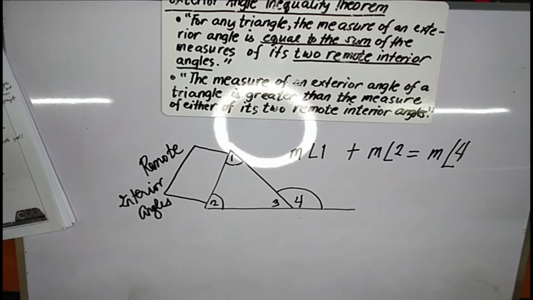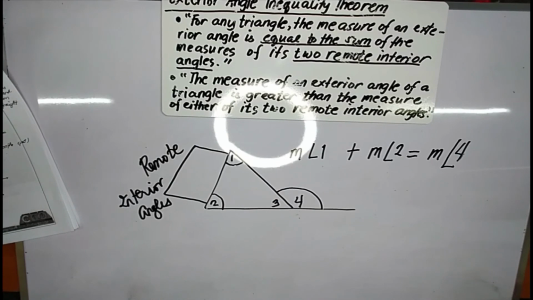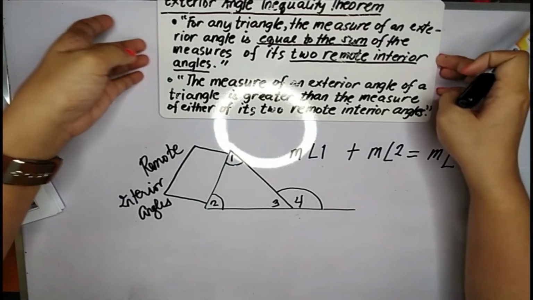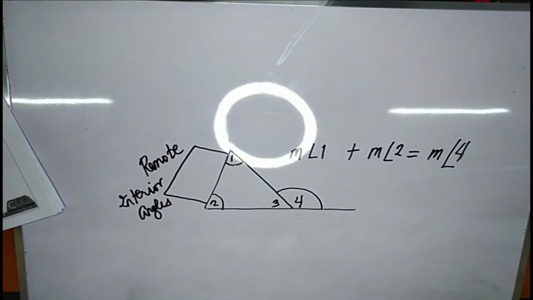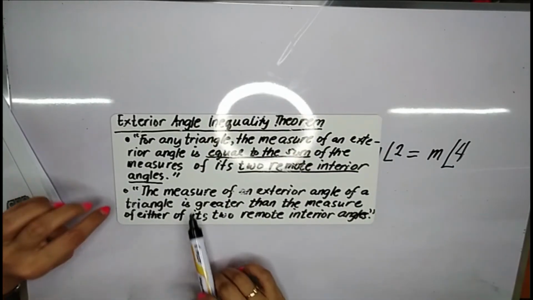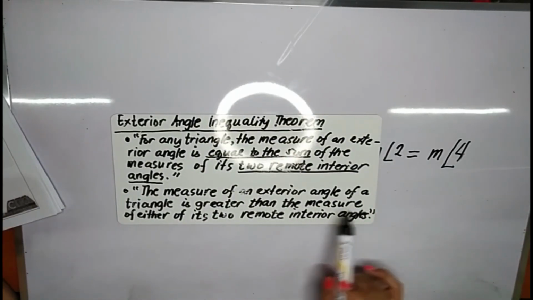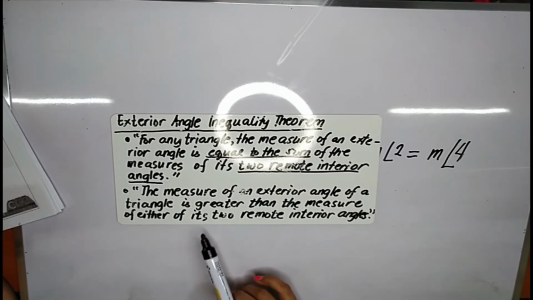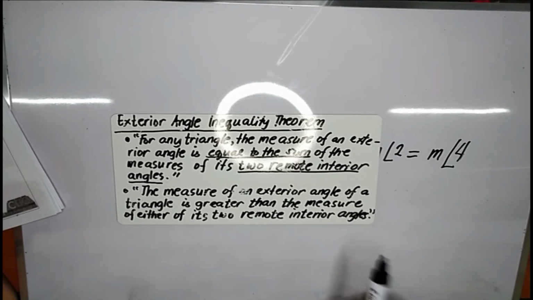Okay? So, second theorem for exterior angle inequality. Where is that? Nara. The measure of an exterior angle of a triangle is greater than the measure of either of its two remote interior angles.